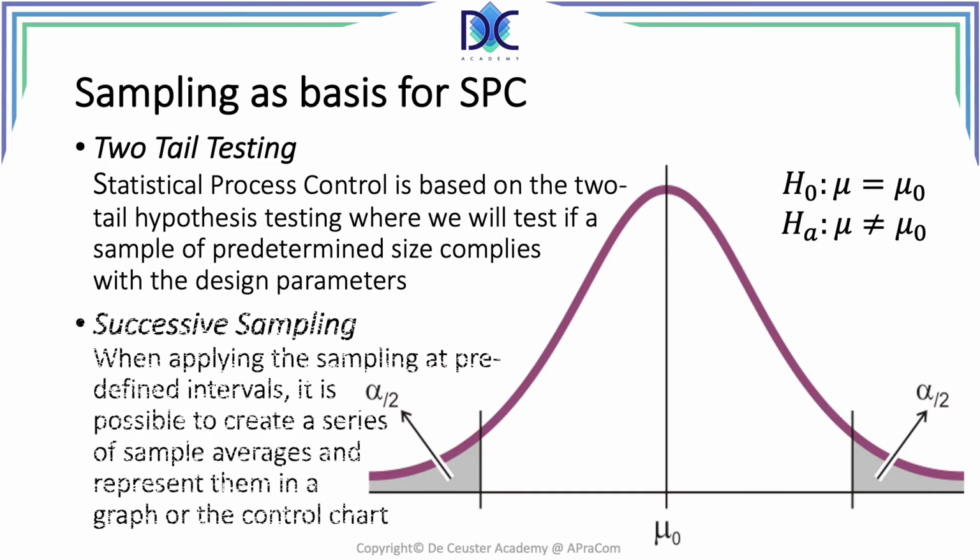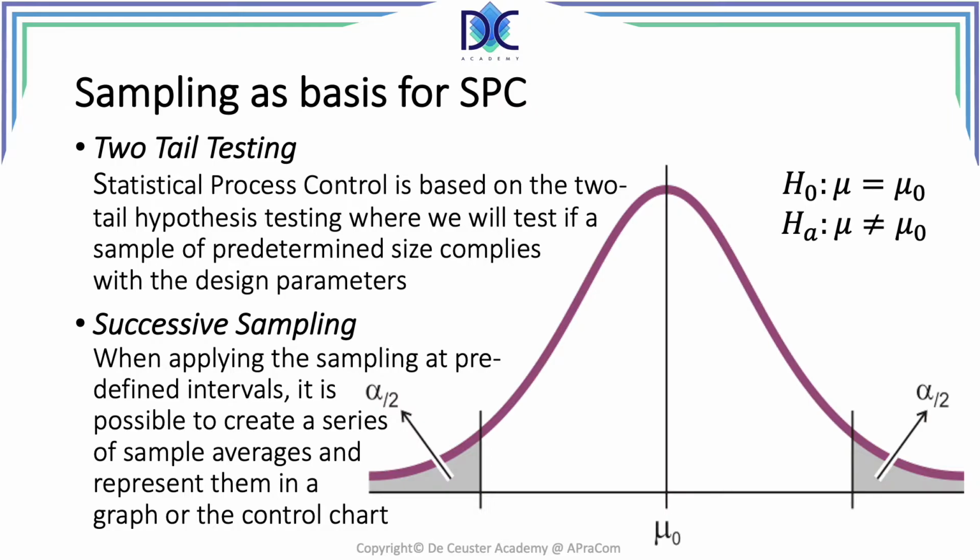Now, in control charts, we do that sampling at intervals. We take specific intervals during the day and we take a sample. We do the same thing and we put that average in a graph showing on the top the upper control limit, and on the bottom, the lower control limit.